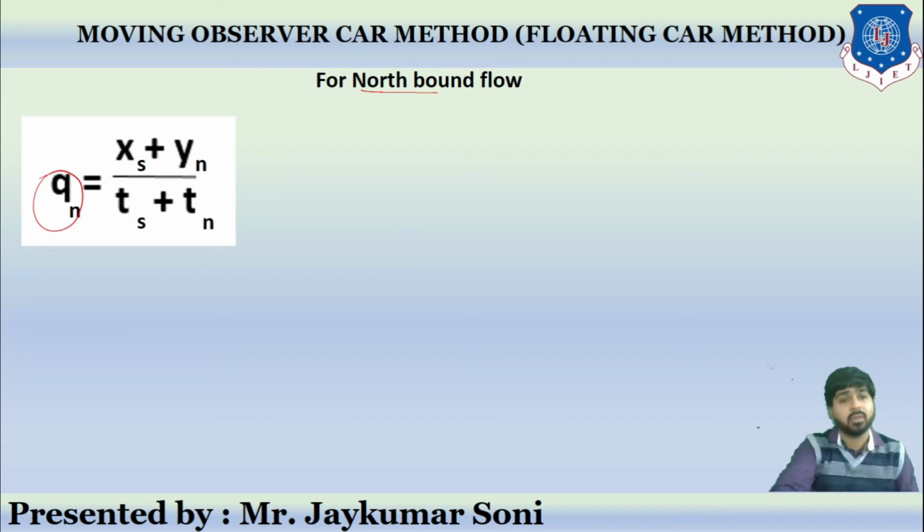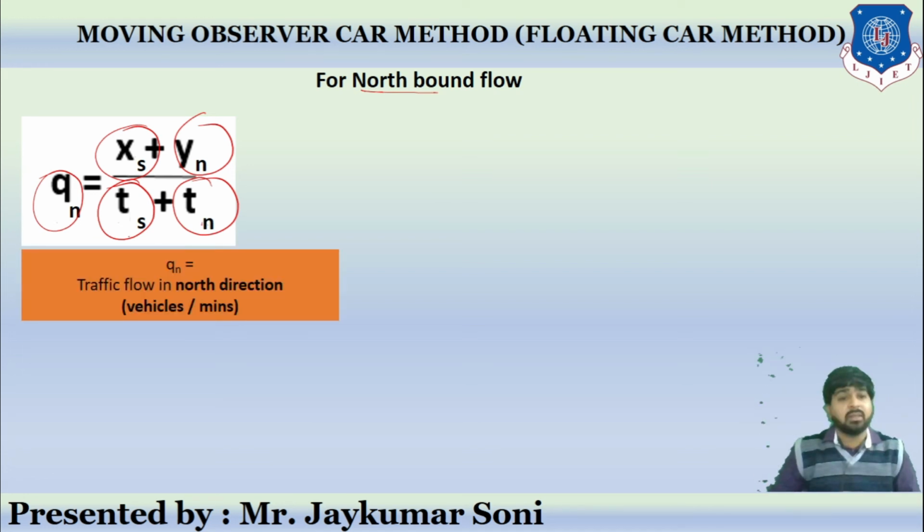Then x will be xs, ta will be ts, y will be yn, and tw will be tn. Always remember that whenever you are calculating the value for n, these two will be s, and these will be n. You have to remember it like this.